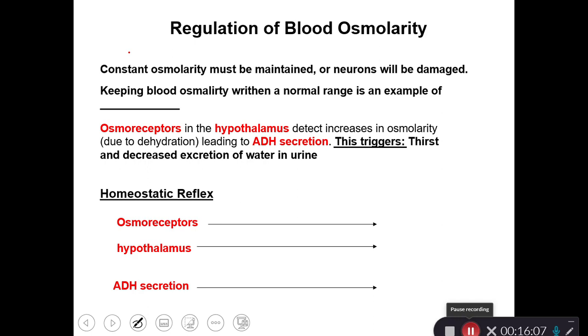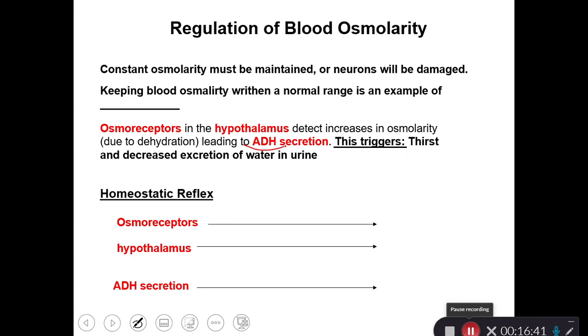Okay, how does the body regulate our blood osmolarity? Of course, in case of dehydration, for example, the osmoreceptors in the hypothalamus will sense that, and as a result would release antidiuretic hormone that prevents urination. So it's going to add water to your blood, preventing urination, so the water is going to be retained in the blood, and this would help get your osmolarity down to the normal direction.